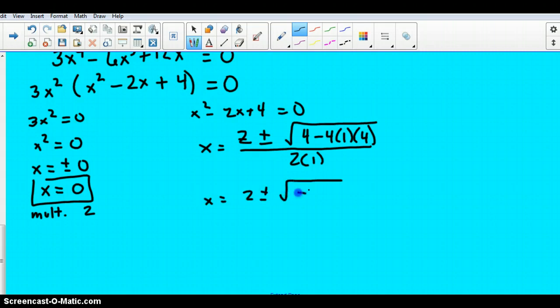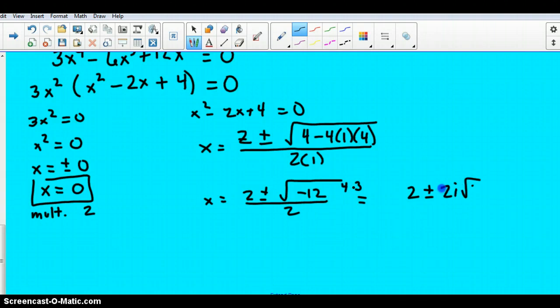Do we get a -12 in here? Over 2. Okay, -12. We know we're going to have what as part of our answer? I, because of the negative under the square root. And then we have to break down 12 into what? 4 times 3. So I know I have 2 plus or minus. I know I'm going to have an i. What's the square root of 4?